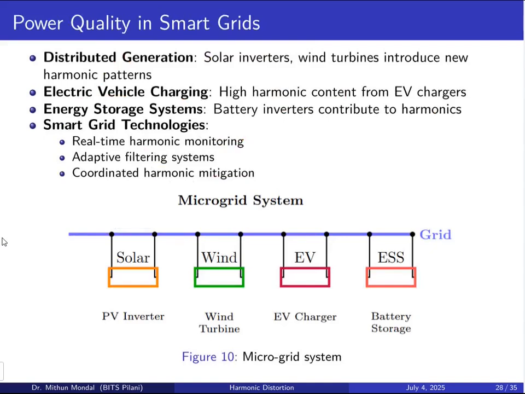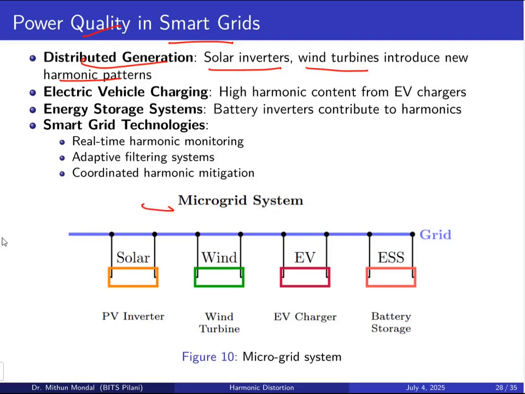Now, the smart grid is nowadays generally used, and if you want to find the power quality of these smart grids with distributed generation, whether you have solar inverters or wind turbines, they will be introducing new harmonic patterns. So the grids are basically modernized.